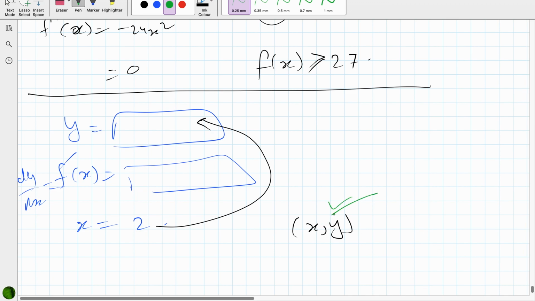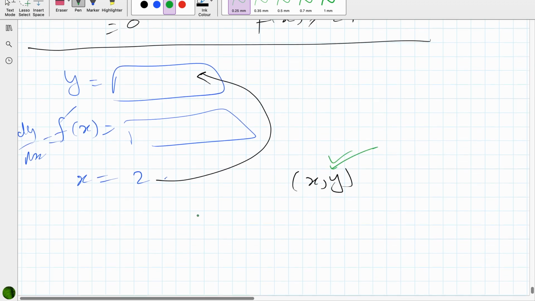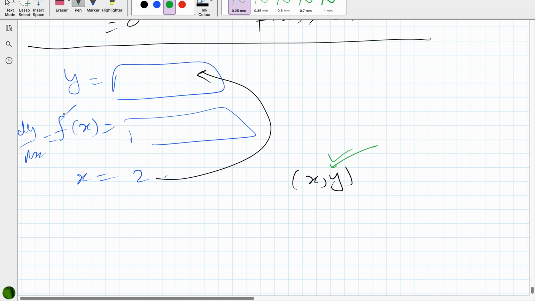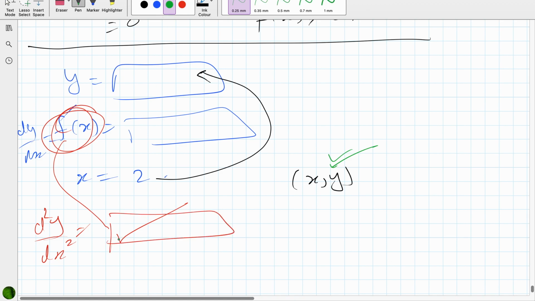So we're done with the coordinate, the first thing. Second thing, we check the double derivative, d square y over dx square. Now we have this double derivative as well. When you have this double derivative, you put in this x coordinate and see if it is positive or negative.